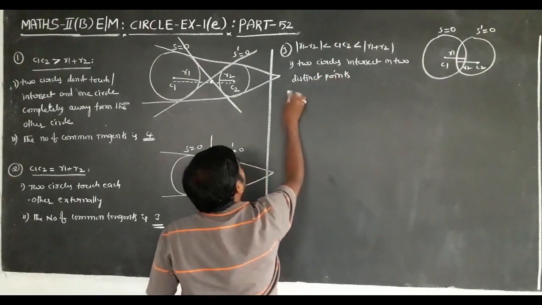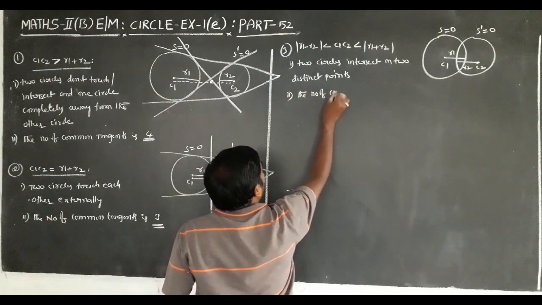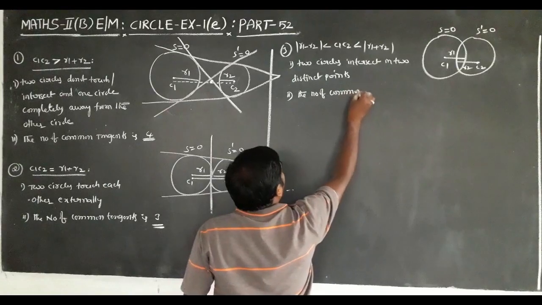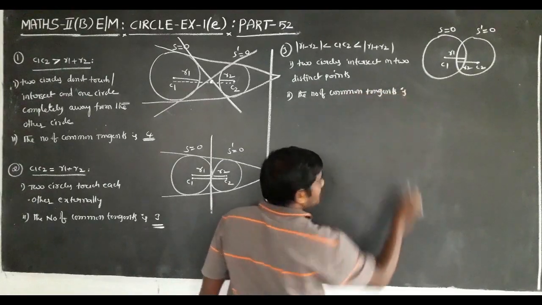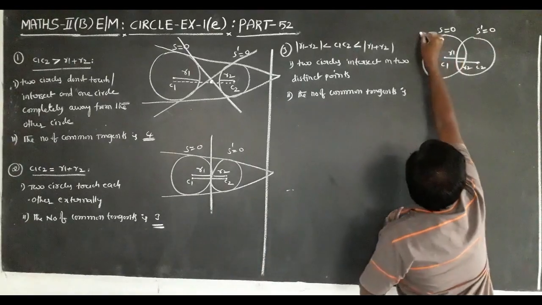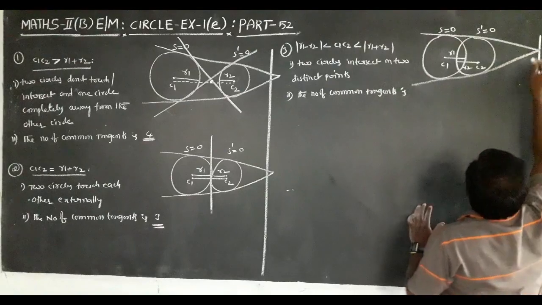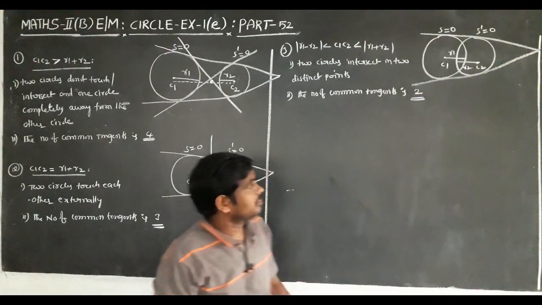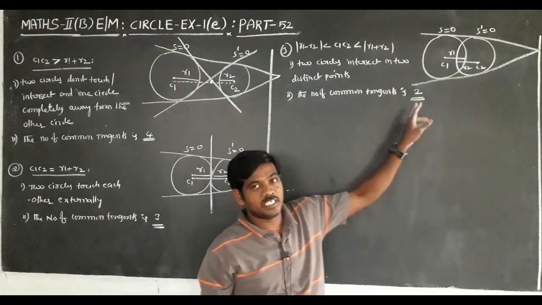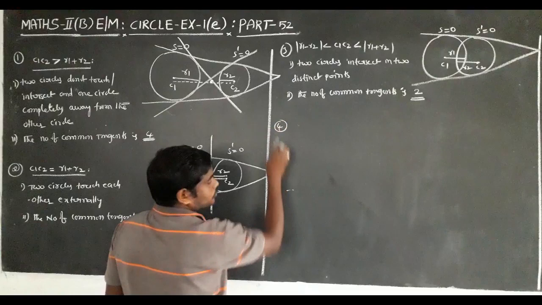In this case, this is the first common tangent, this is the second common tangent. The number of common tangents is 2.